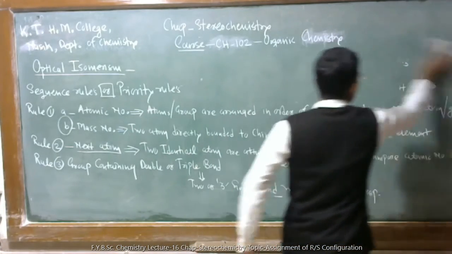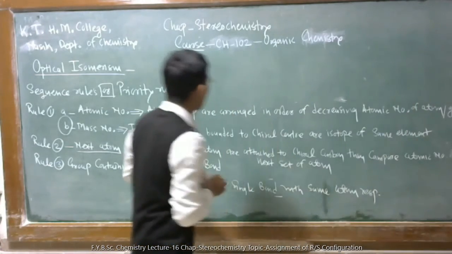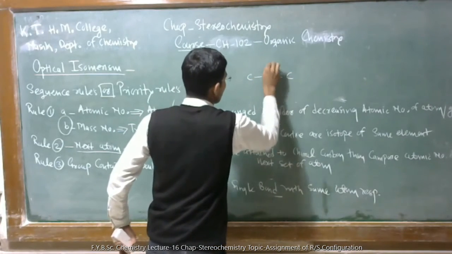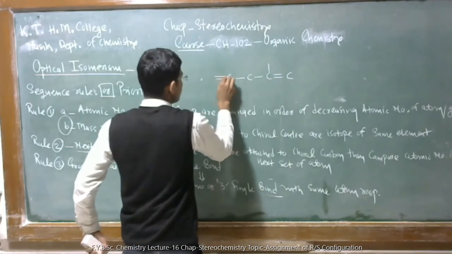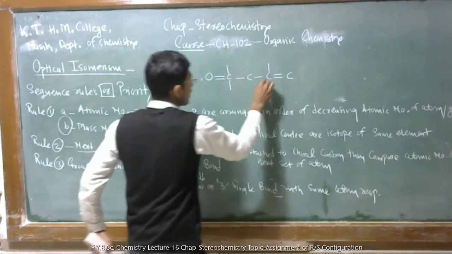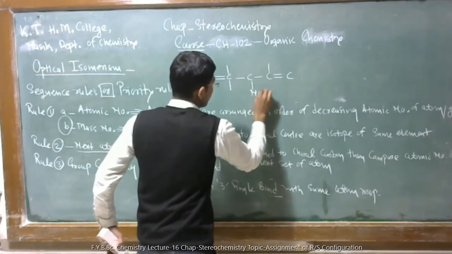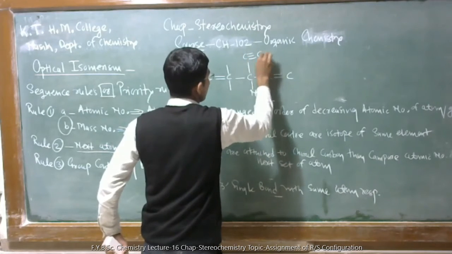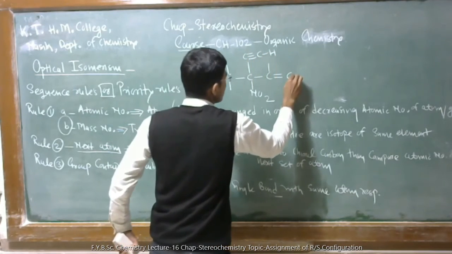Many times we have to apply this rule. Whenever the chiral carbon is attached to a carbon double bond, a carbonyl, a nitro group, or a carbon triple bond, in these situations you have to consider that.